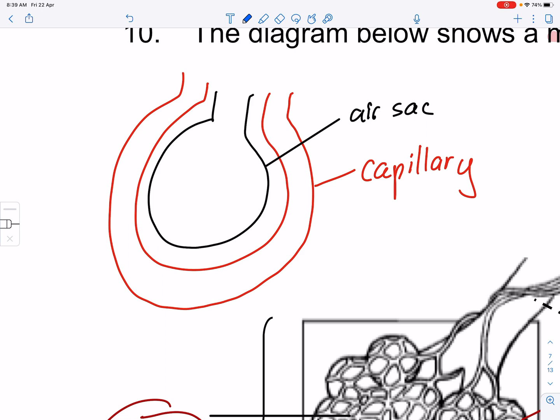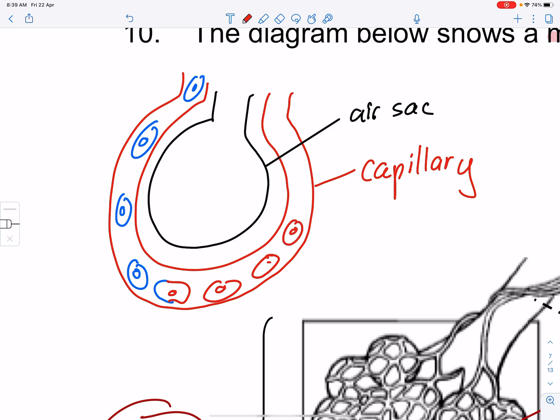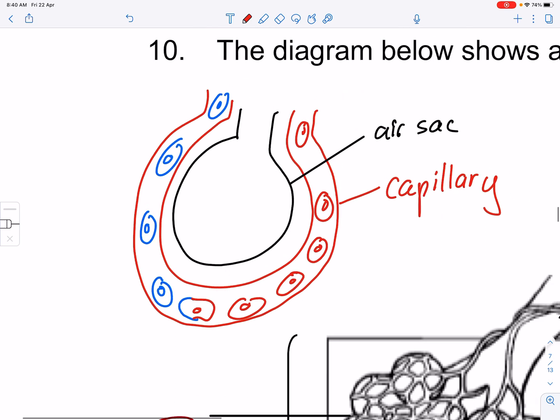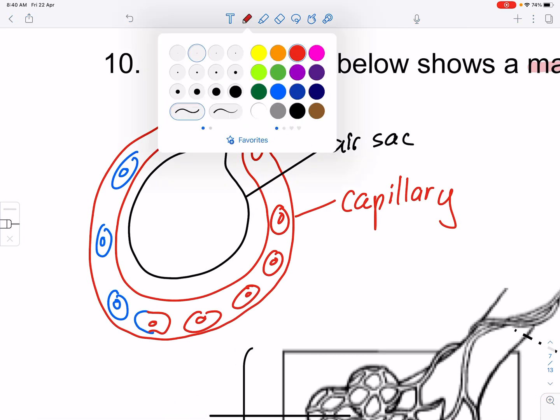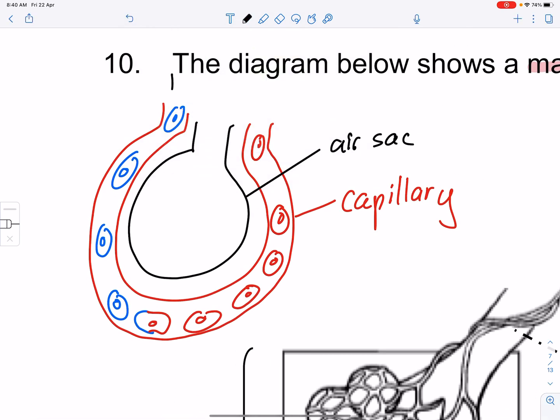Let me just get this color right. Okay, and the direction of flow is like this. This part and this part.